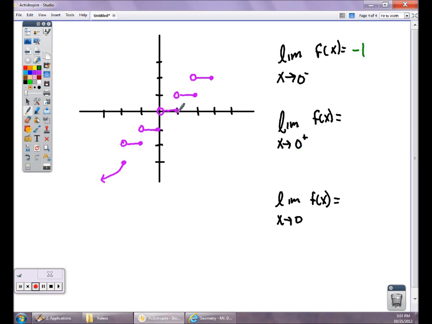From the right, I'm on this portion of the horizontal graph, working my way from the right towards my left, and I'm getting closer and closer and closer. Even though there's a hole here, I'm still getting closer and closer to a value of 0. Well, the left-hand limit is not the same as the right-hand limit. We would say that the limit does not exist.